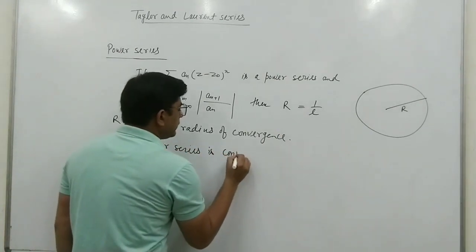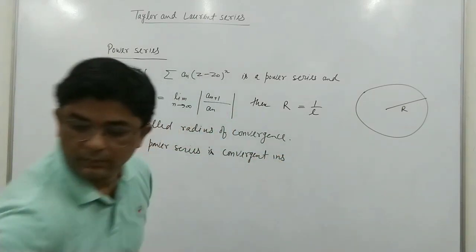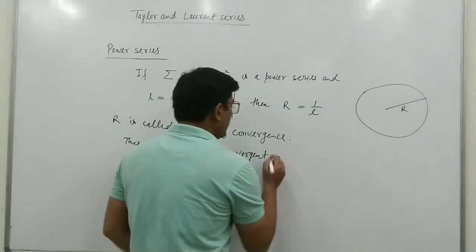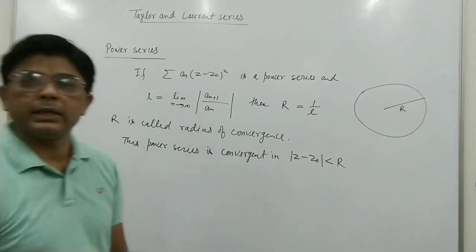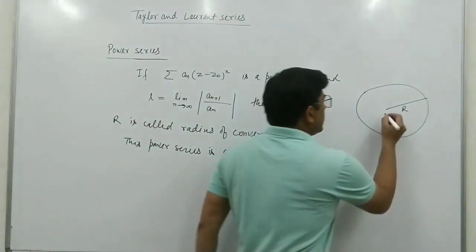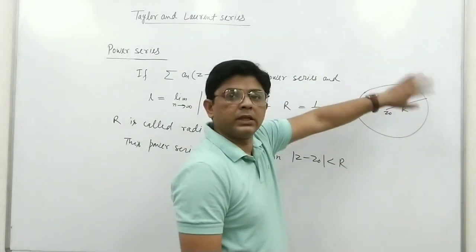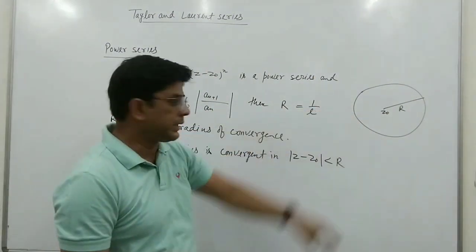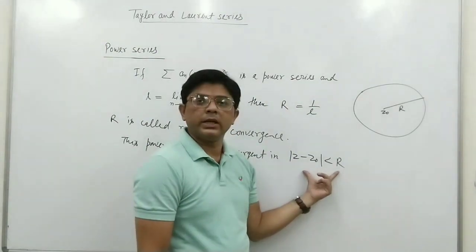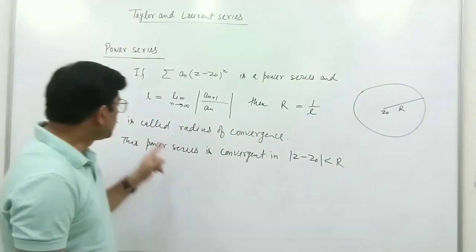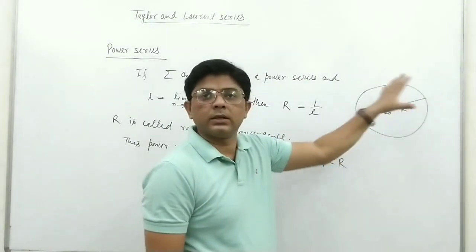So this power series is convergent in mod z minus z0 less than r. If the center of the circle is z0 and the radius is r, then we can write all the points inside this circle as mod z minus z0 less than r. So we say that this power series is convergent in this circle, which means it is convergent at all points inside this circle.